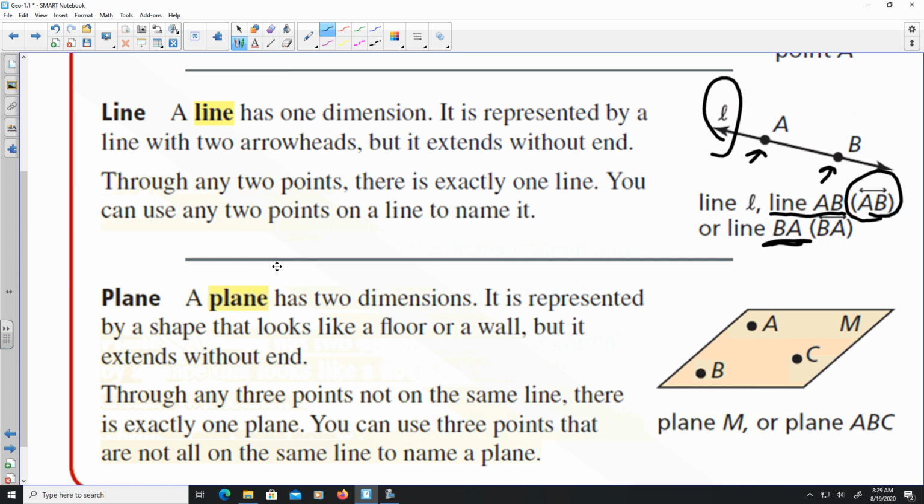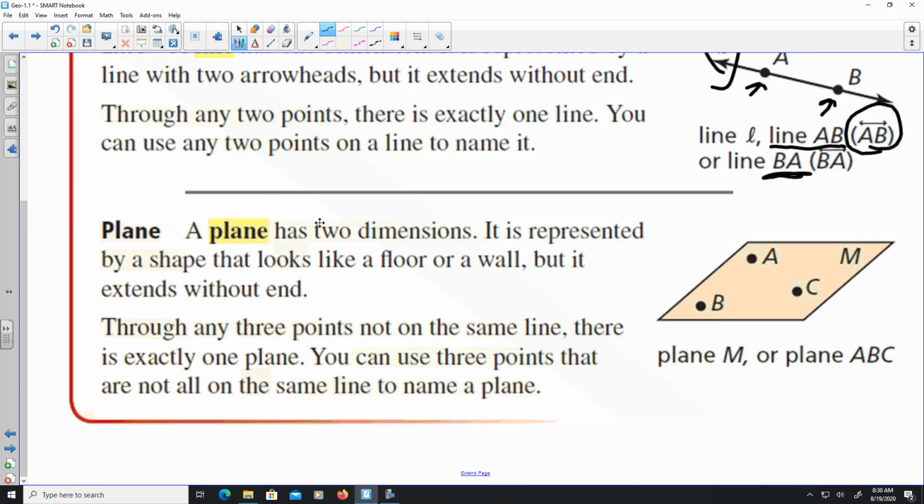Next is a plane. A plane has two dimensions. It's represented by a shape. The shape that is most commonly used to draw a plane is a parallelogram.